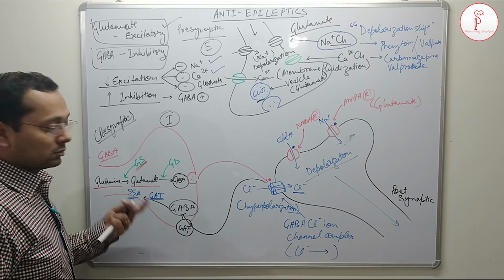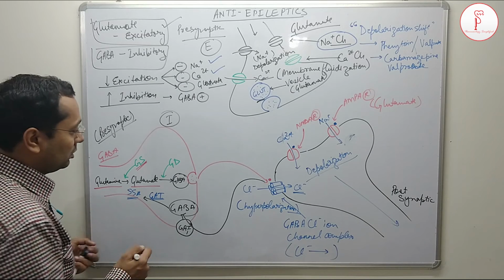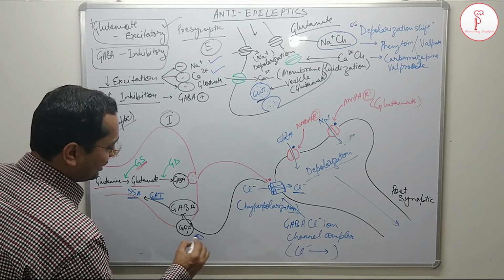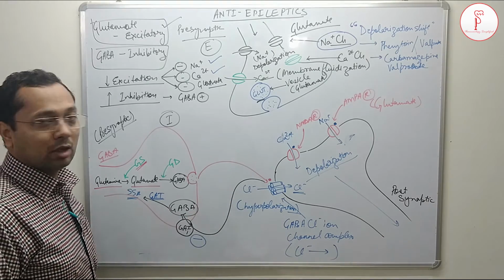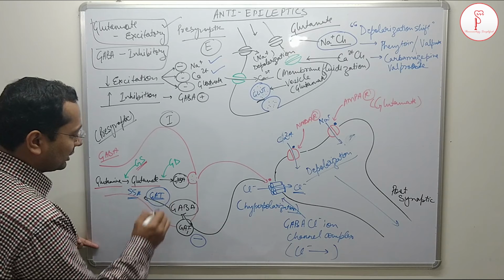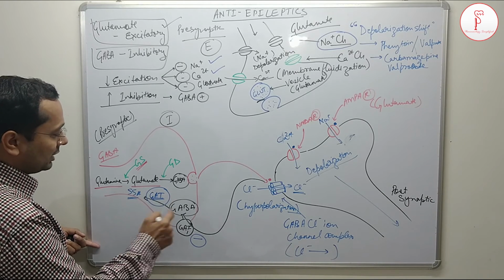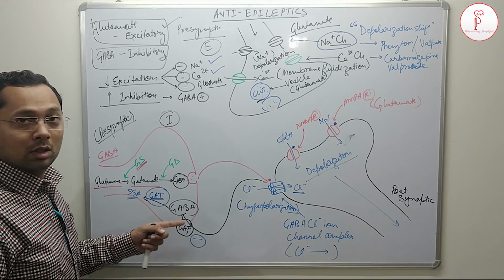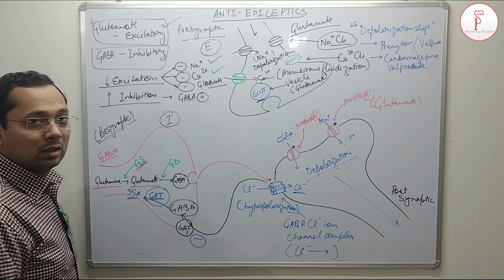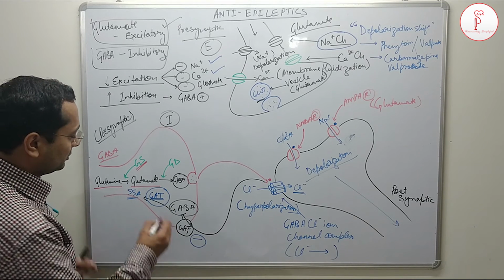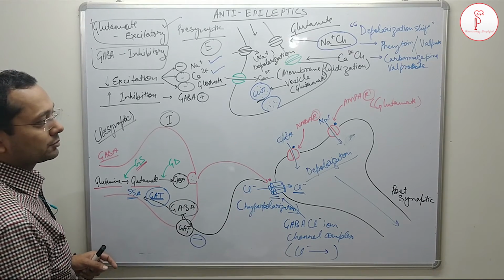So this GABA becomes useless. What we can do is inhibit this GAT1 so that there is more availability of GABA. We can inhibit GABA transaminase so that this GABA does not get broken down. And when GABA is not broken down, we will have more GABA available for inhibiting, right?